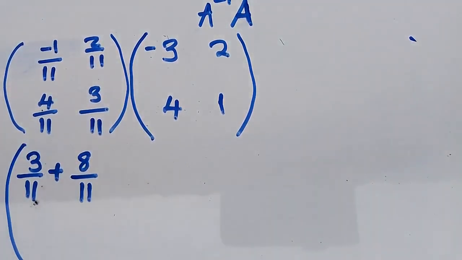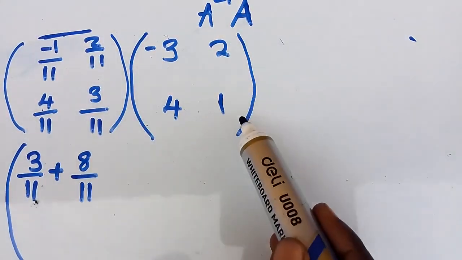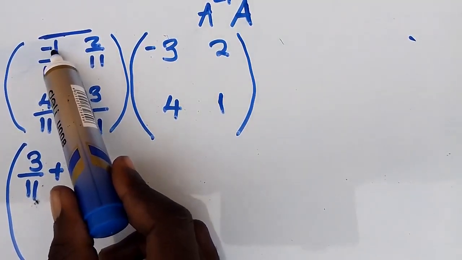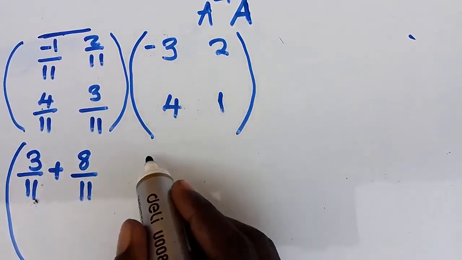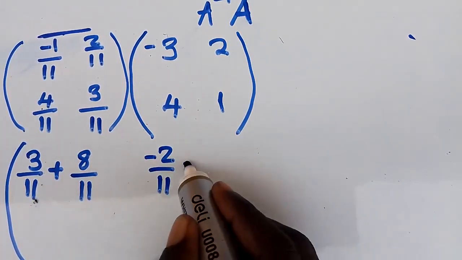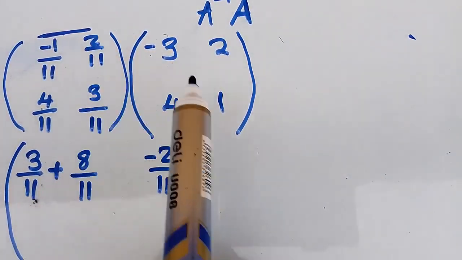I'm done with the first part. This same row on top will go with this other matrix. What is negative 1 times 2? It is negative 2, so negative 2 over 11, plus. What is 2 times 1?